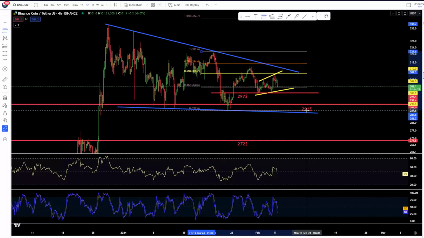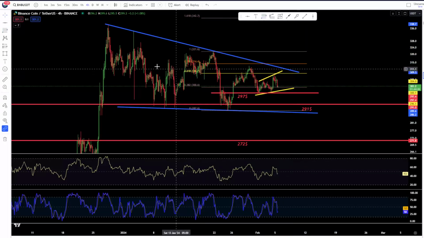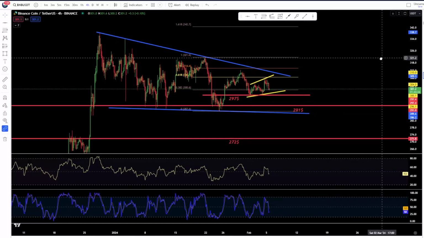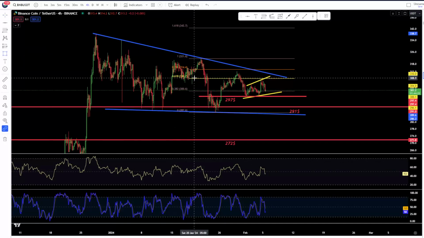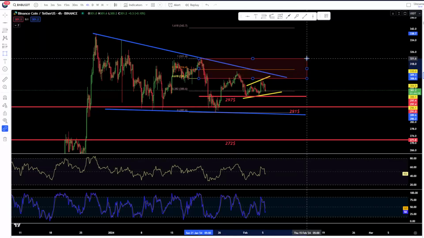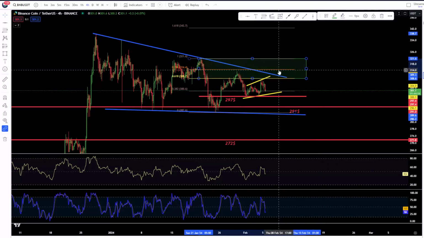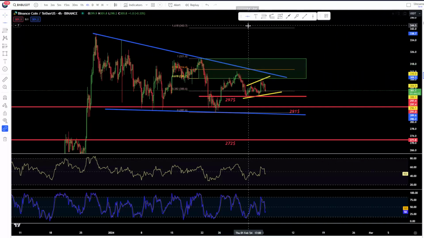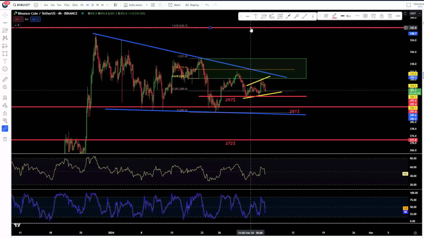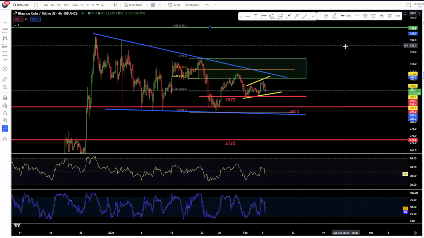Looking the other way, we can similarly determine the resistance areas that the price must face. And here we see that the price is effectively rejected by the strong resistance zone from $308 to $321, but when it breaks above it, we will be able to see an upward movement towards the resistance level at $342.